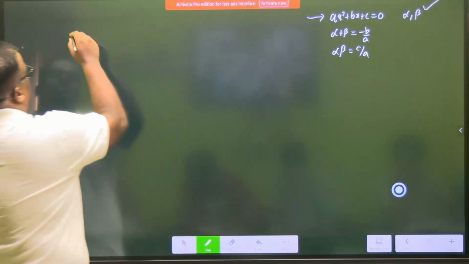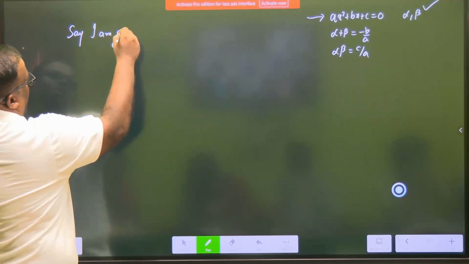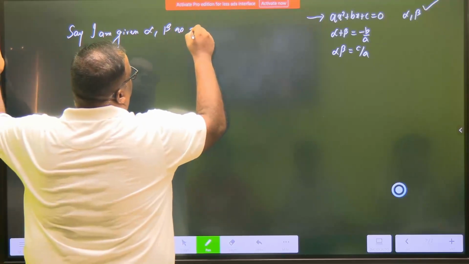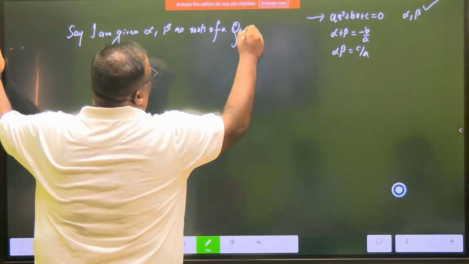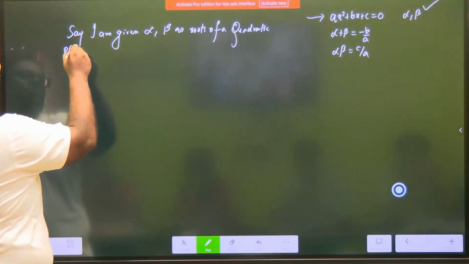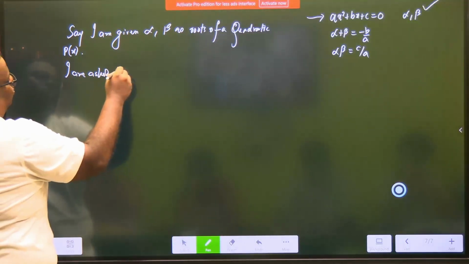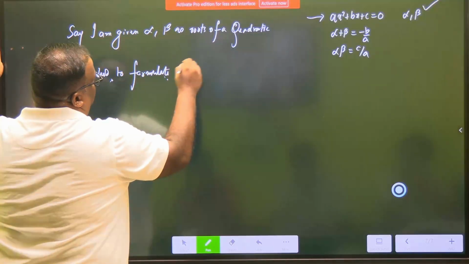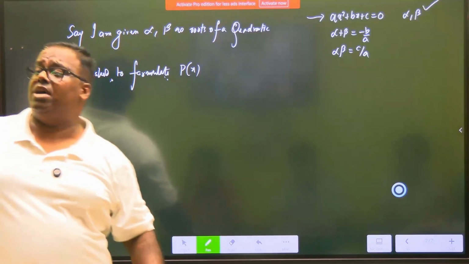So, say I am given alpha and beta as roots of a quadratic polynomial. I am asked to formulate Px. We have given you puris, make them back to maida.